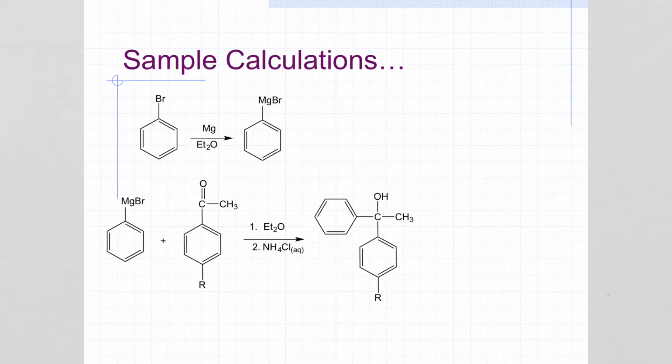Because of that, we're going to make an excess of the Grignard reagent. In order to do that, for every 1 mole of ketone that we have, we're going to use 1.5 moles of bromobenzene and 1.65 moles of magnesium.